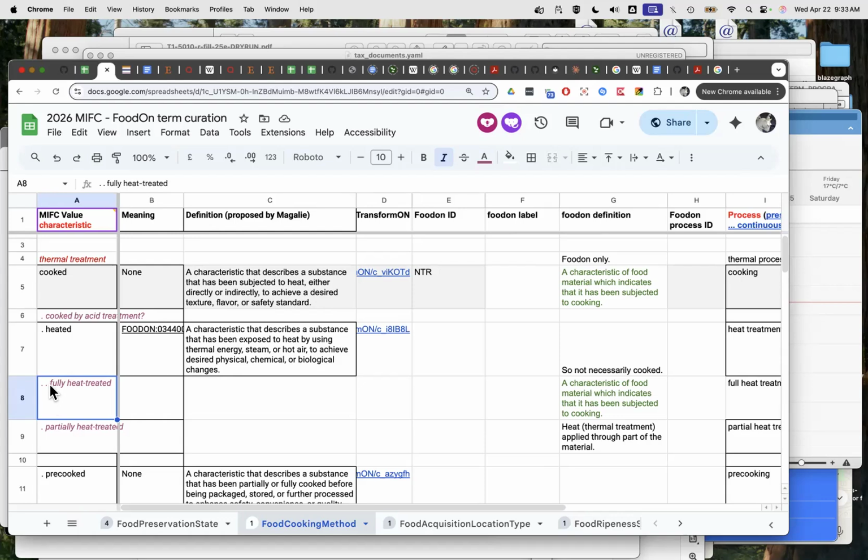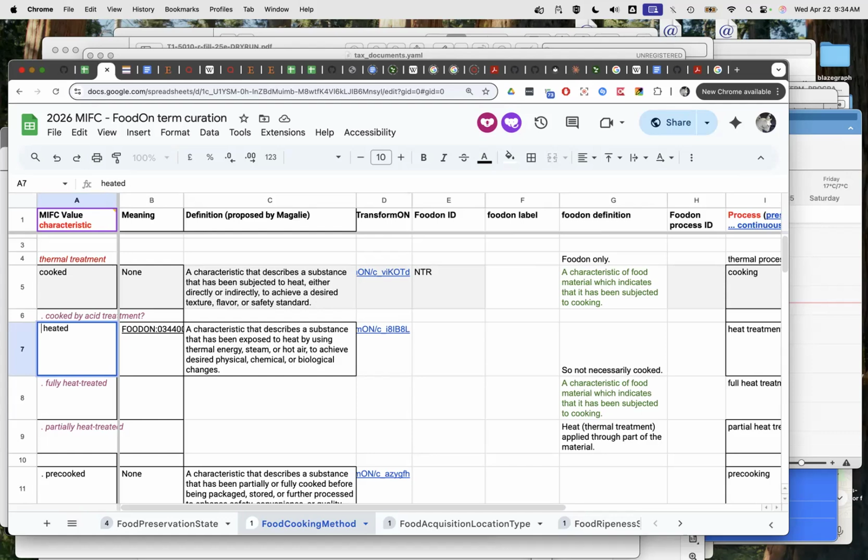Okay. So we've got things that can be at the same level, even if they are also subclasses of other things. So I'll just scribble in that heated, not necessarily cooked, which brings it up to the top level.